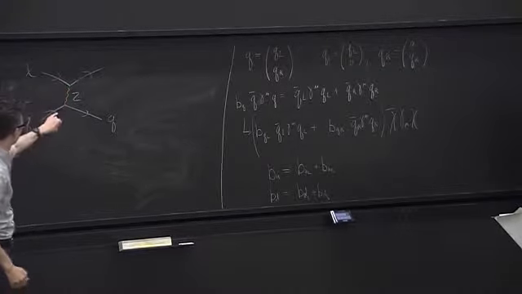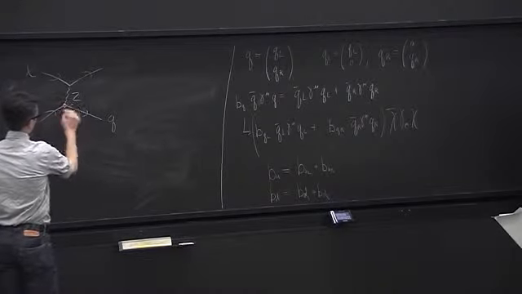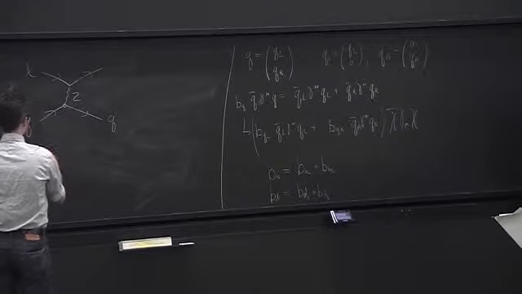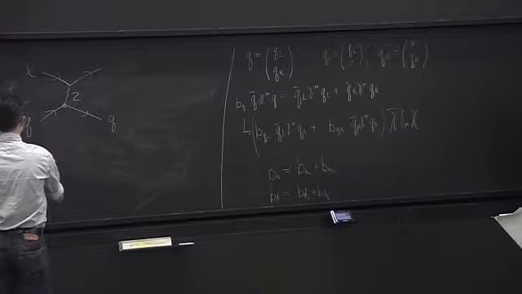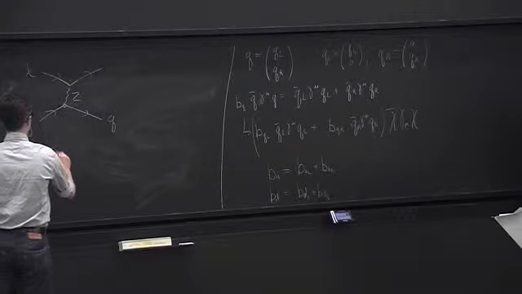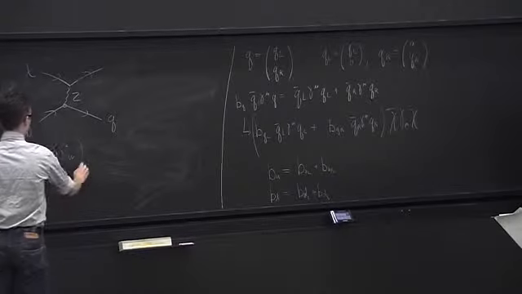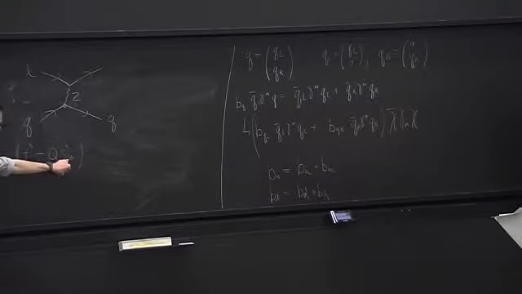But it turns out that the effective Z coupling to left and right-handed guys can be different. In general, the Z coupling goes like T3 minus Q sine squared theta W. So this is the electric charge, this is the weak mixing angle, and this is the SU2 part.